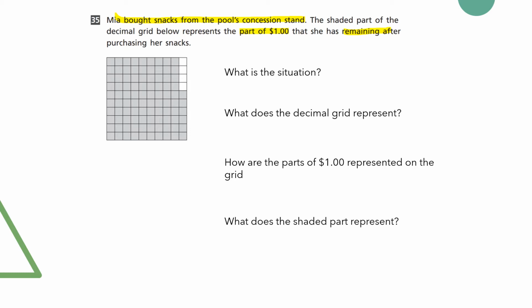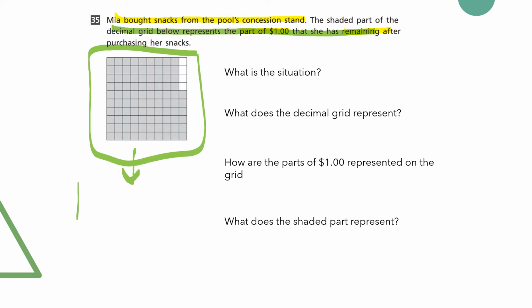Well, I think if I look back in the problem, it tells me right away. The decimal grid represents the part of $1 she has remaining. Okay, that's easy enough. How are the parts of $1 represented on the grid? Well, I know that this grid is one whole, and it's also divided into tenths.